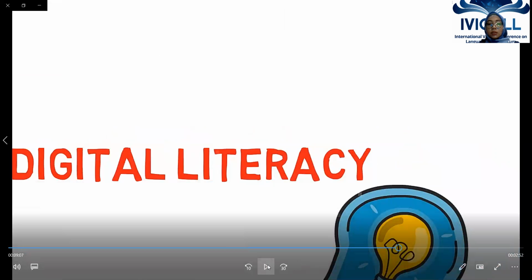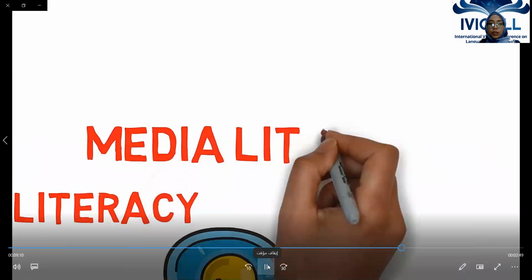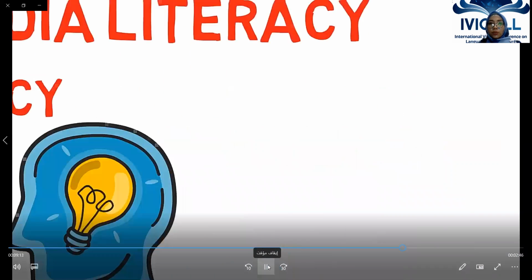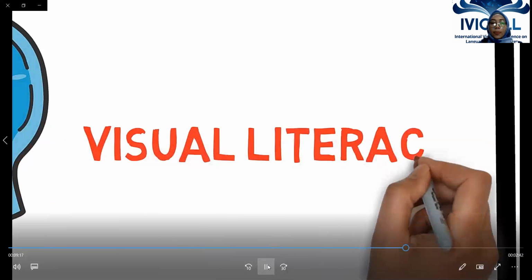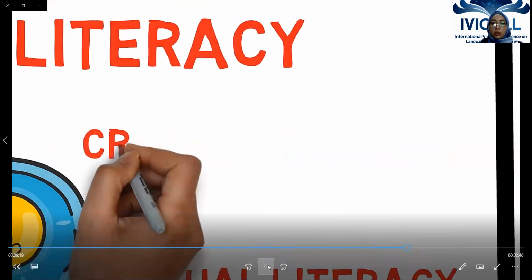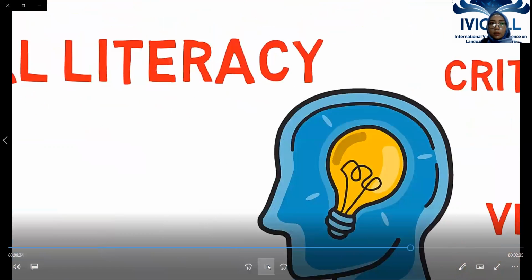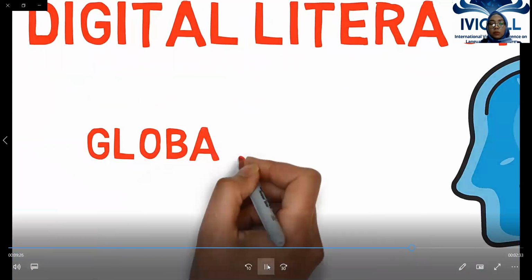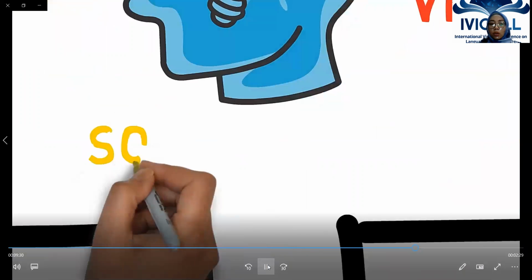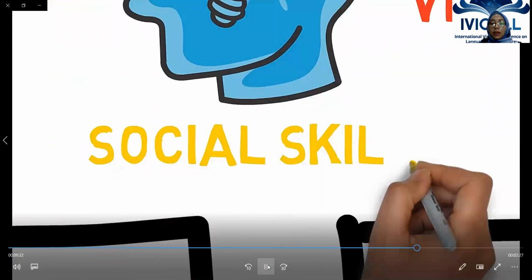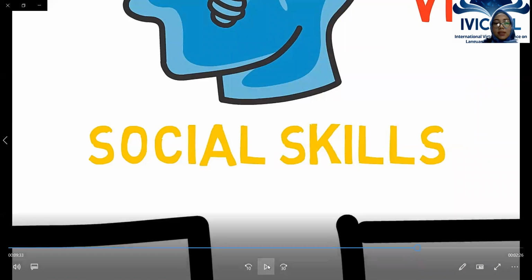The first one is digital literacy, and the second one they also gain media literacy, also visual literacy, and also they do critical literacy, how to work in a group, and also global literacy. And of course on all of that, they build social skills while doing the task in a group.